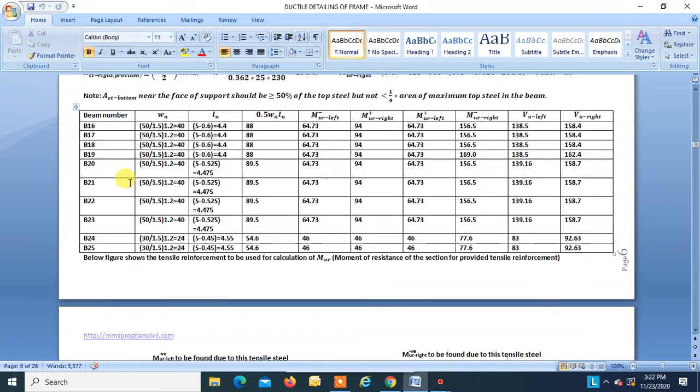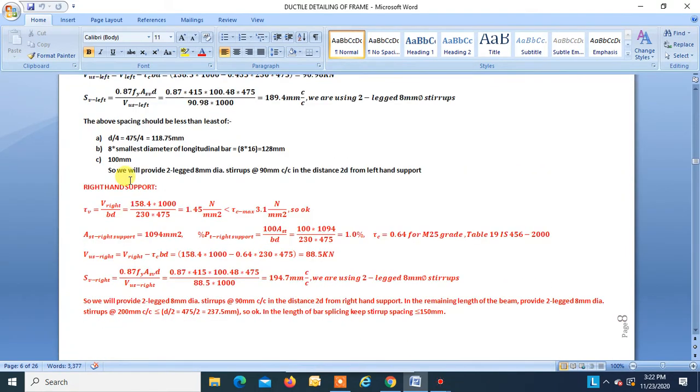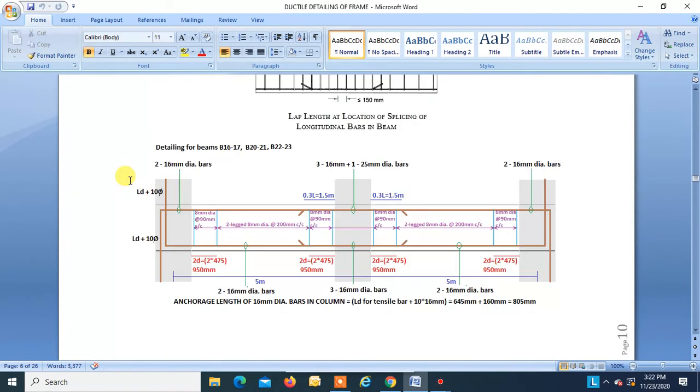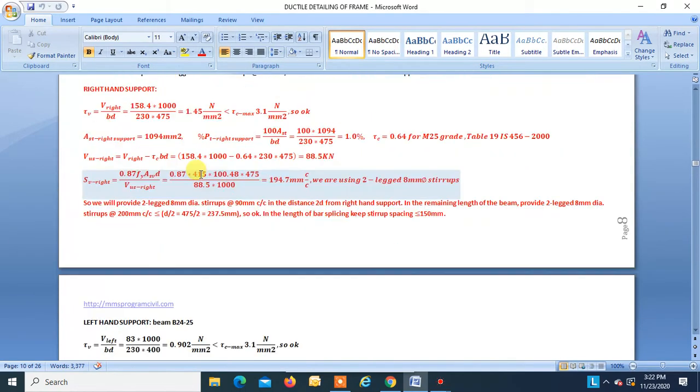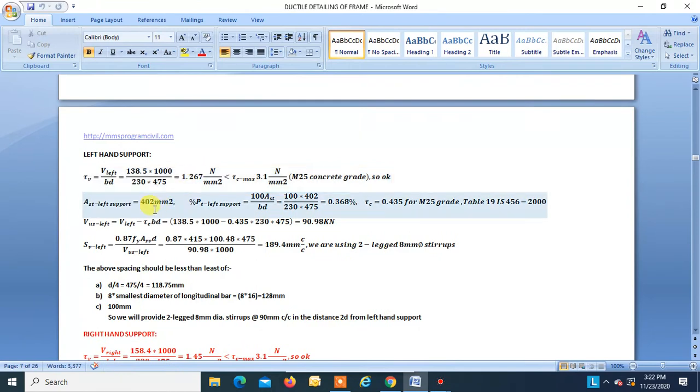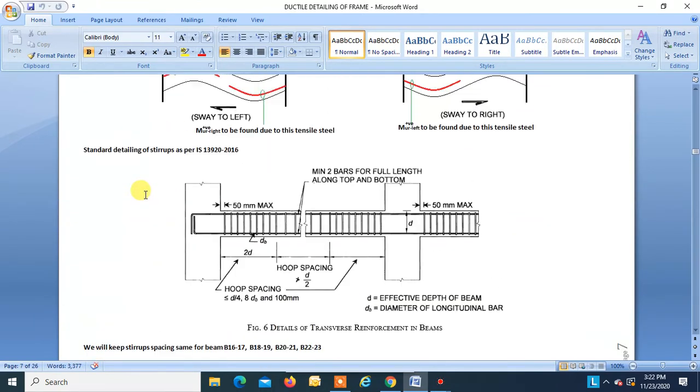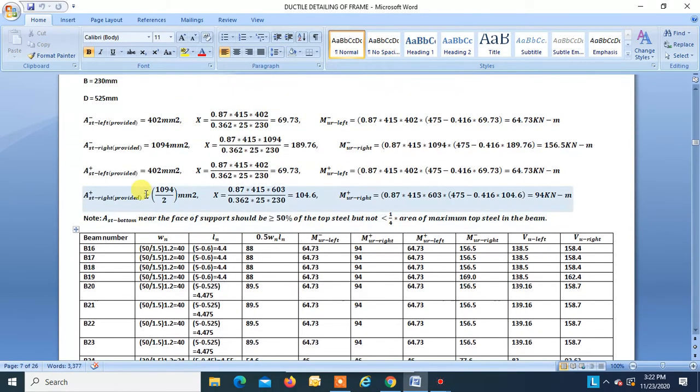So let us see B16. Over here we have provided two numbers of 16 mm diameter bars, so the area of this is 402 mm square. So we have taken over here 402 mm square.